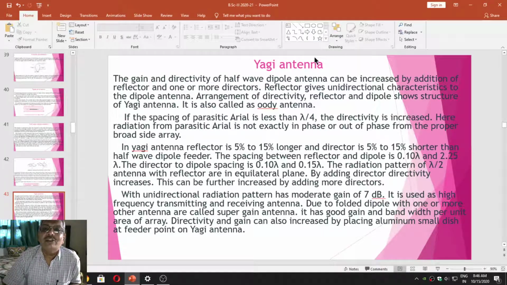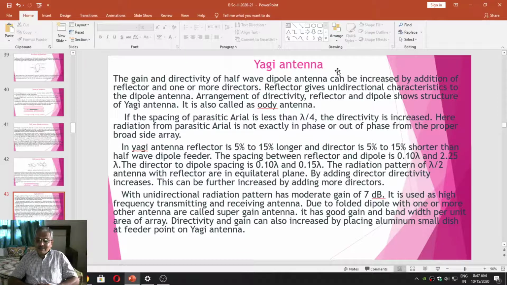Yagi antenna is also called the Yagi-Uda antenna. It is designed just to improve the gain and directivity of the half wave dipole antenna, and this is done by adding a few more conducting metal rods, of which one acts as a reflector and the rest act as directors.